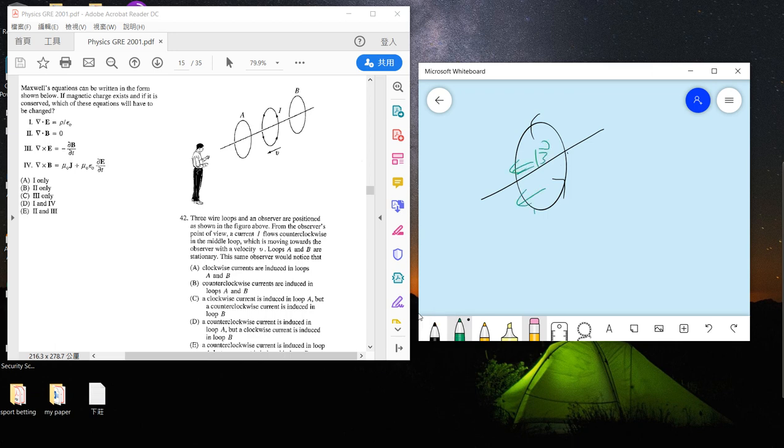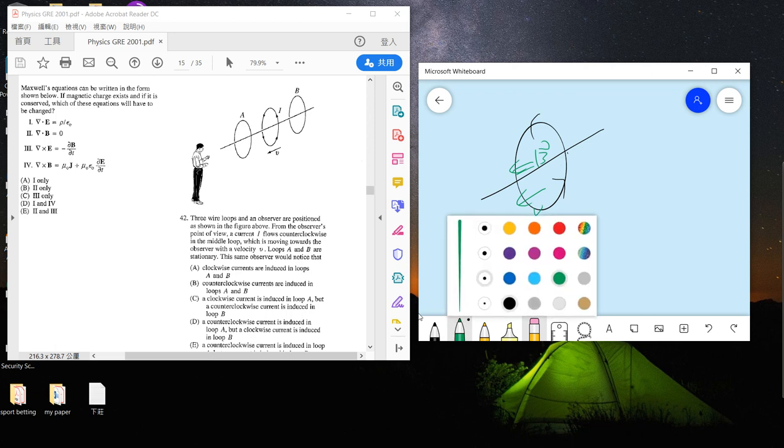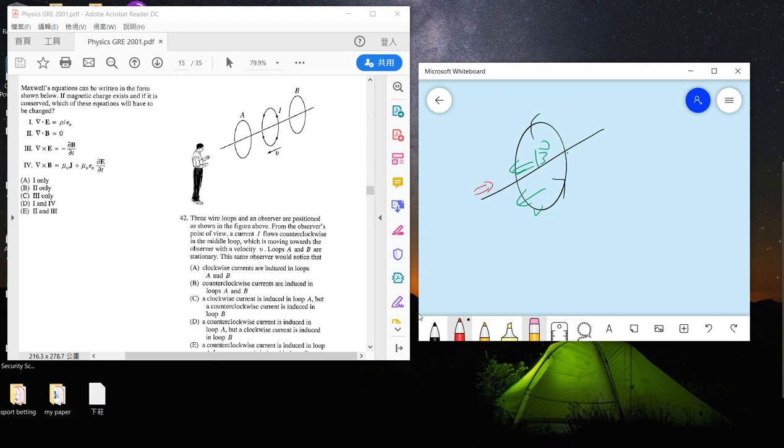If the velocity comes in these directions, then the Lenz law will produce a magnetic field to try to fight with this B field, and for this one there will be some force which tries to fight it. Or you can say that there will be a small n, there will be a small s, so it will produce s to fight with it.